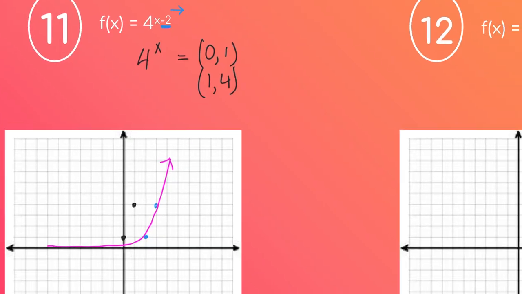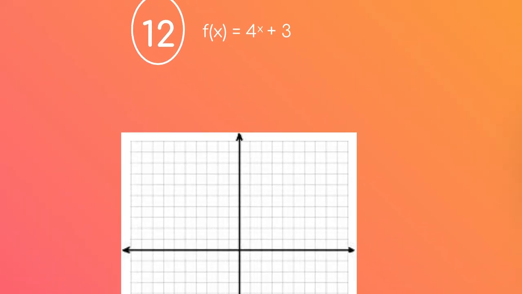All right, let me go ahead and do the last example, number 12. Now this one still has that parent function of 4 to the power of x, but in this case, I'm going to move up 3 units. The parent function had points (0, 1) and (1, 4), and all I'm doing is shifting it up 3. 1, 2, 3 right here.